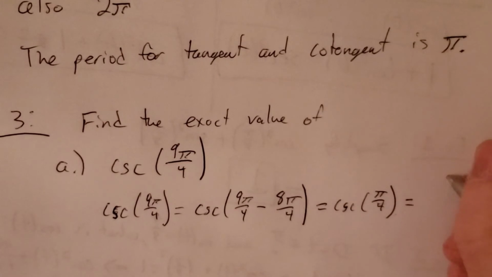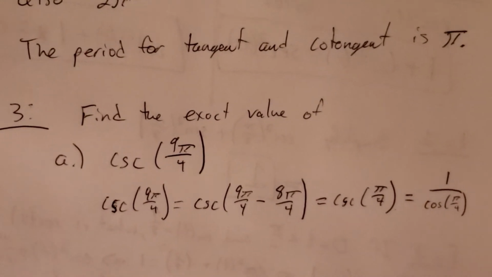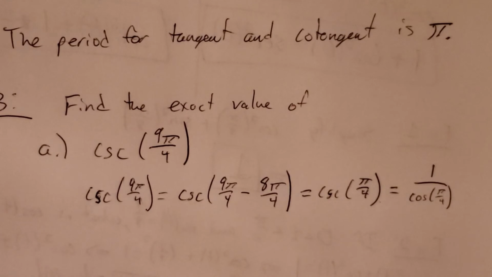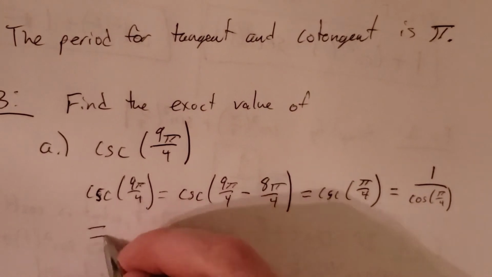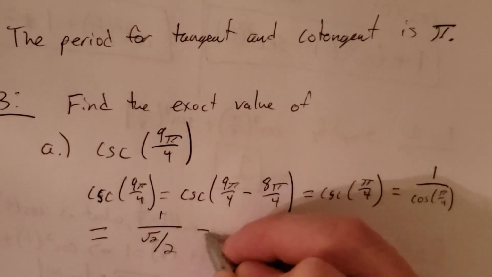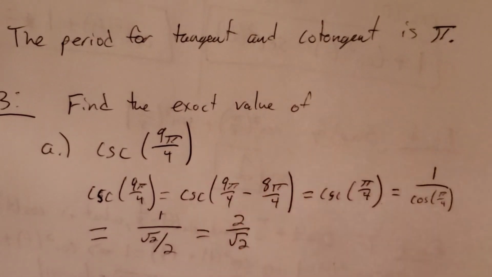Notice this is the same as 1 over cosine of pi over 4 by our definition of cosecant. Well, what is cosine of pi over 4? Cosine of pi over 4 is root 2 over 2. So this right here is 1 over root 2 over 2, which is the same as 2 over root 2.